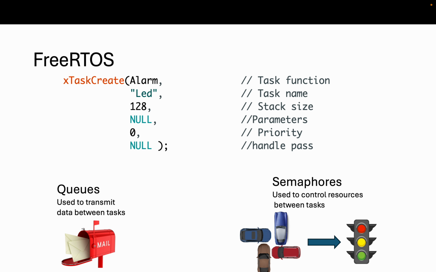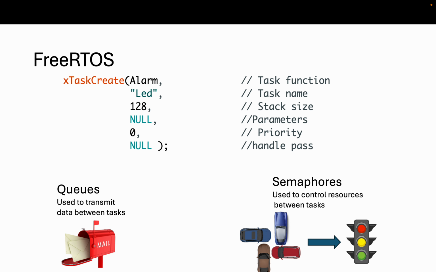Again, to keep things simple, we're just going to create tasks using the xTaskCreate function. That one has 5 arguments, but we're going to end up using only 2. So alarm, in this case, is the name of the task that I'm creating, and that name needs to match your task.